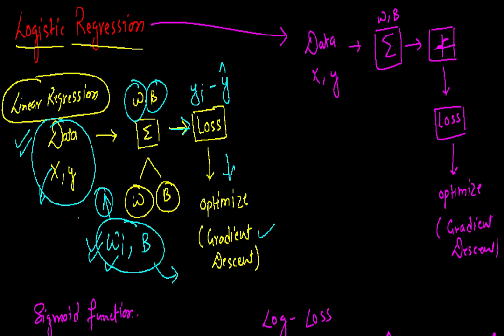We use our model, that is y = sigma(wi xi + b), and we get the value of y just by putting in the value of x.